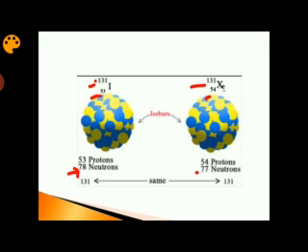You can see if we compare these two nuclei, their mass numbers are the same. 131, the mass number is the same for iodine and xenon. So they are isobars.